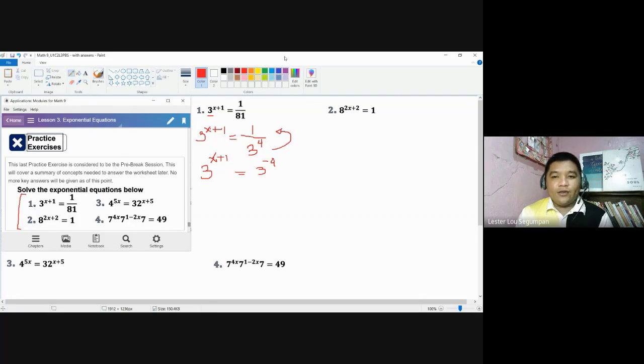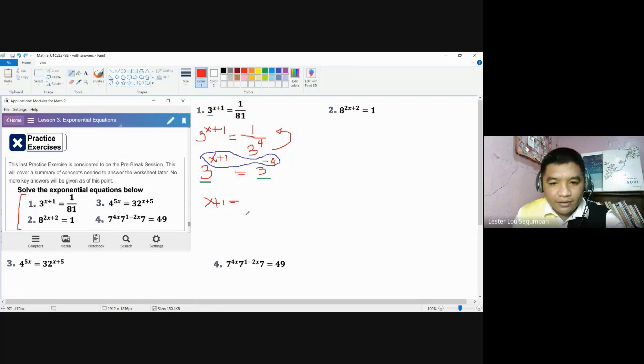Again, our goal is to make sure that the bases of both sides of the equation will be the same, just like this, 3 and 3. And with the use of the property of equivalent exponents, since the bases are the same for both sides of the equation, we can simply remove the base and equate the exponents. So you will have here x plus 1 is equal to negative 4.